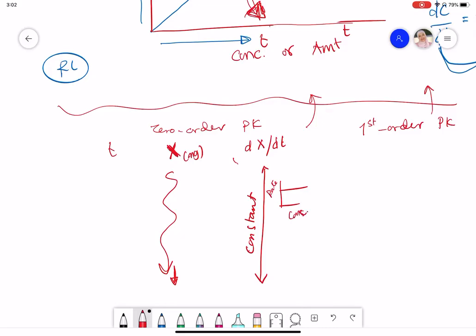But if the amount of the drug is decreasing with time in first order kinetics, the rate would also be decreasing in a proportional way. So that was my note for first order and zero order kinetics, if we are looking at the relationship between the rate and the amount or concentration, rather than the concentration or amount versus time. So just keep this in mind because it's very important, and good luck.